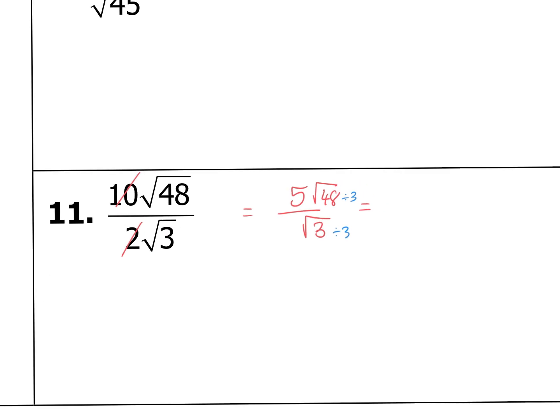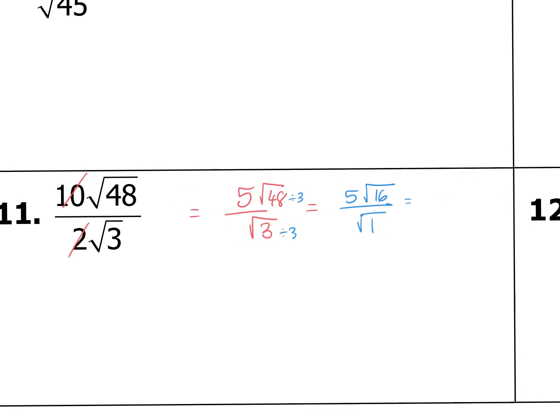They are both divisible by 3. So I have 5 square root of, I would say 16. Yeah, and then square root of 1. 3 divided by 3 is 1. So I end up with 1 in the denominator, so there's no denominator. But square root of 16 will be 4. So 5 times 4, 20. So that's my answer.